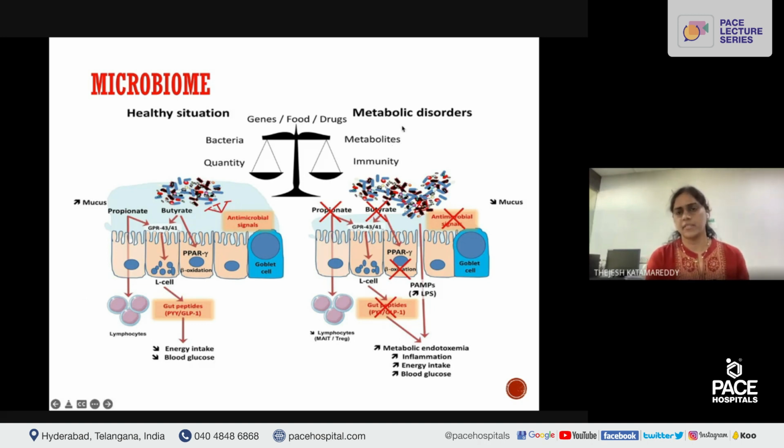Then what happens in metabolic disorders? The gut bacteria is disrupted. The mucus present in a healthy gut is decreased. There is no production of propionate, butyrate, or short chain fatty acids, and thereby no release of gut peptides from these neuroendocrine cells, leading to leakage.